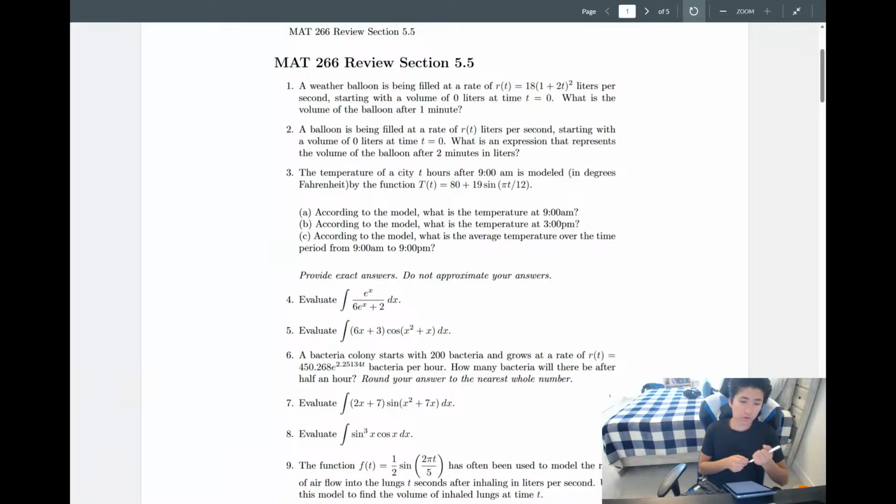That's the volume of the balloon after 2 minutes. All right, let's move on.